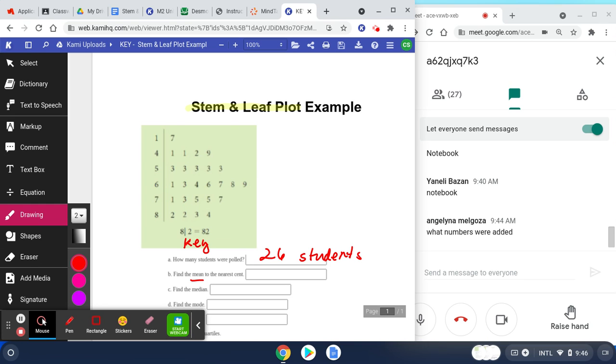So for the mean, I'm going to add all the data and divide by the 26 students that were polled. I got 1615. I'm going to pause now and see if someone else can confirm that they got that number.